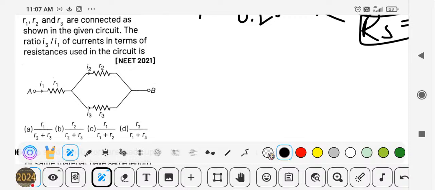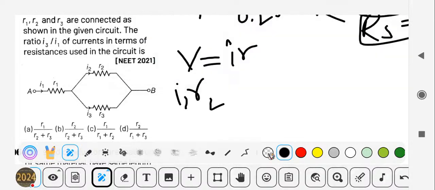So from the data, V is equal to I into R, right, by using Ohm's law. We don't know V, so V is equal to I1 R1, which is equal to I2 R2 is equal to I3 R3.